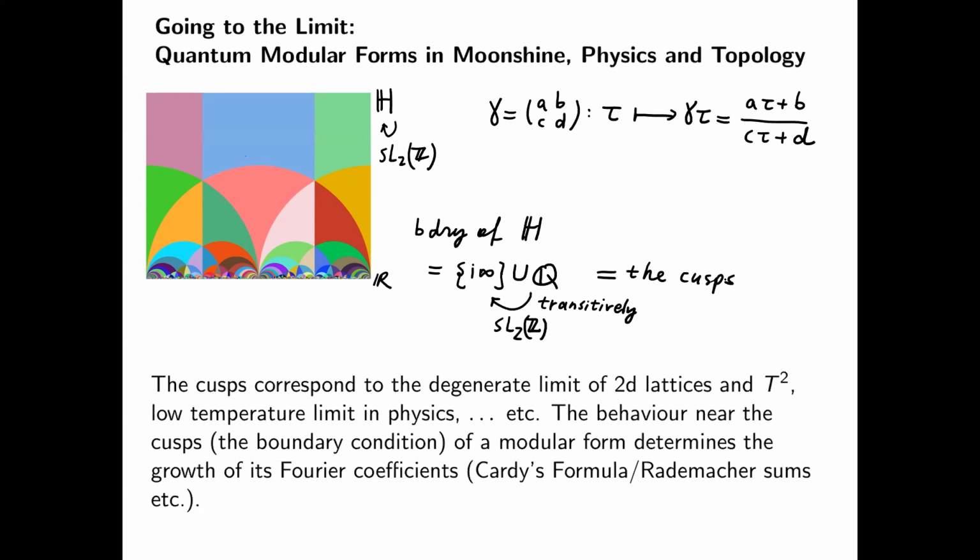So this is what we call the cusps, and they constitute what I call the boundary of the upper half plane. These cusps correspond in different contexts to different things.